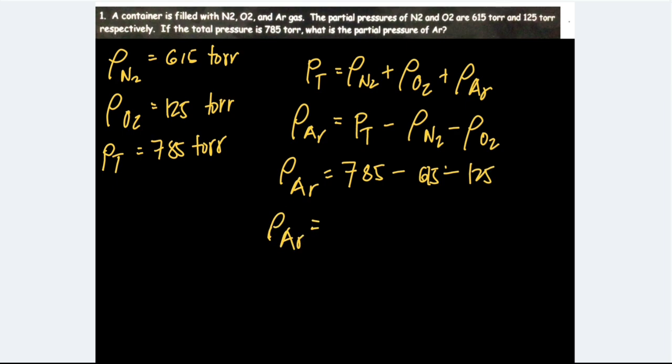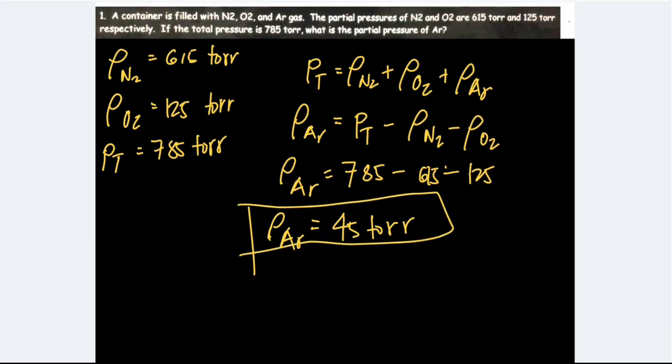Because 615 plus 125 is 740, 785 minus 740 is 45 torr. So this is the partial pressure of argon.